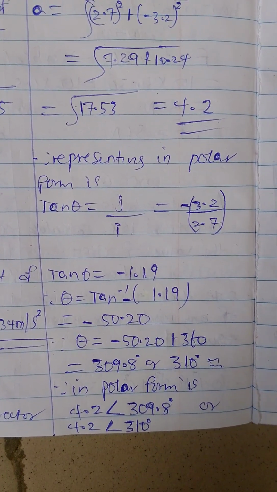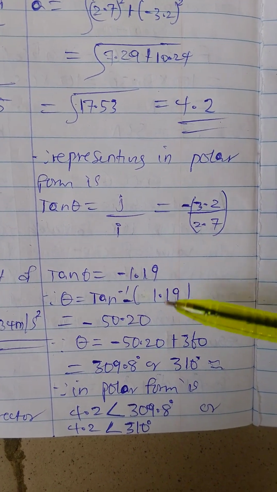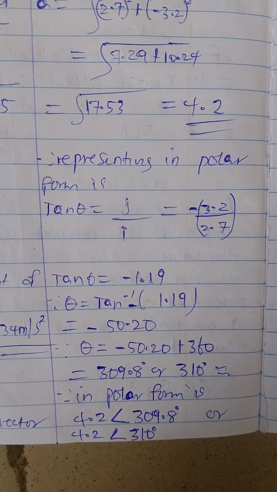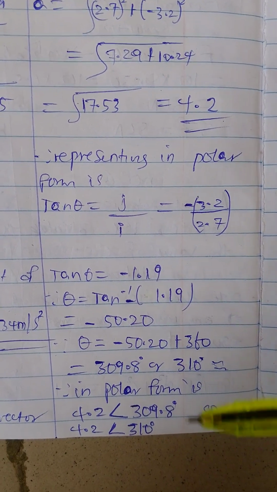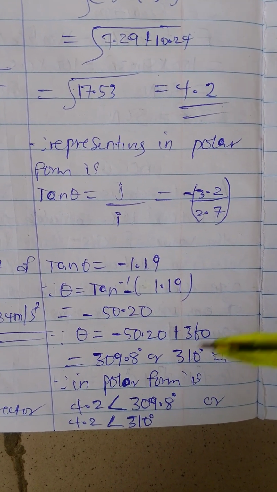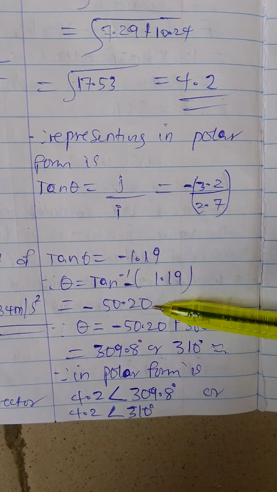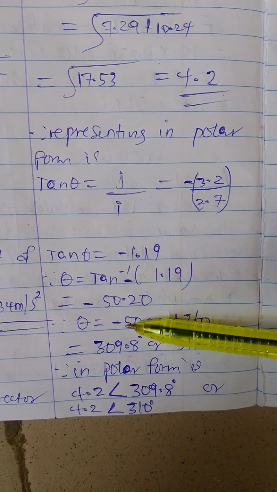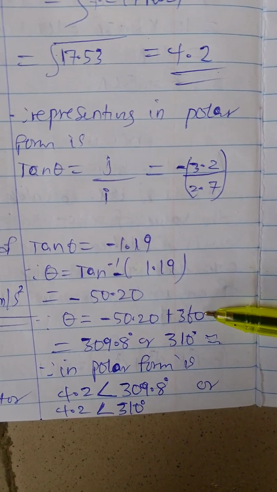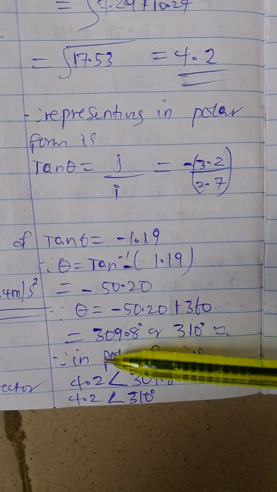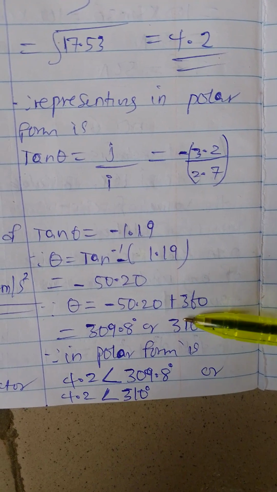Please, I repeat, in polar form, if your angle is negative, add it with 360. So if you check, my angle here is negative, right? So therefore theta is equal to minus 50.20 plus 360. If you add everything here, this will give you 309.8 degree or approximately 310 degree.